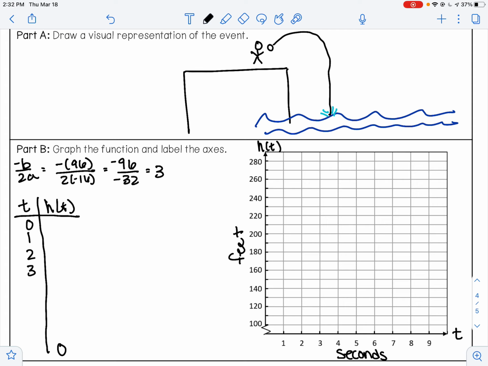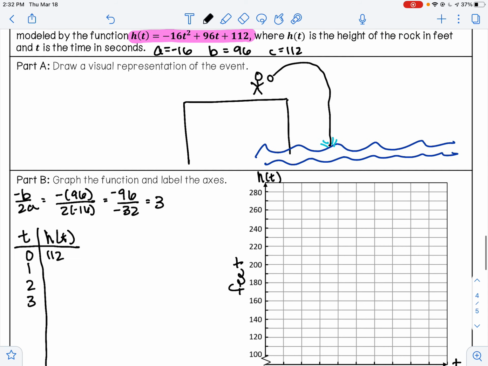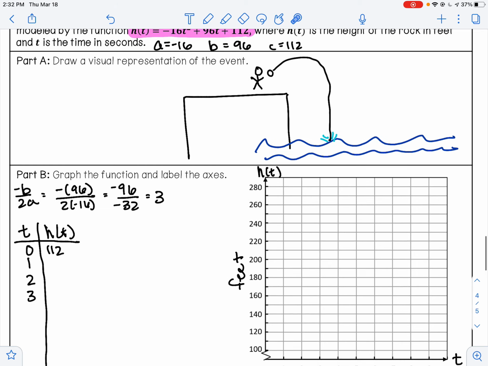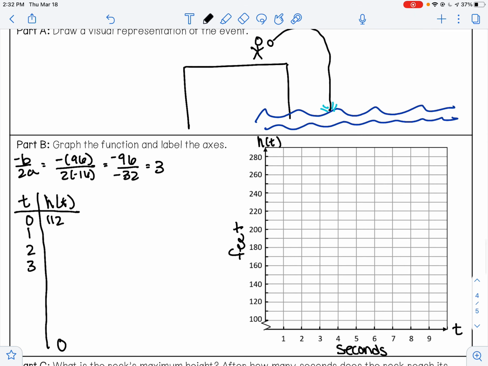And we're just going to have to plug into our calculator and keep going until we can figure out where that is. So let's see. When time is 0, our height is 112. And all I'm doing is just plugging in our values for t into our equation. After 1 second, the height is 192 feet.